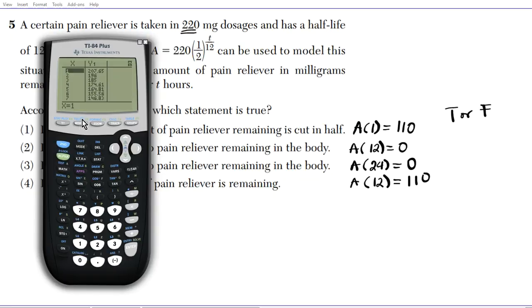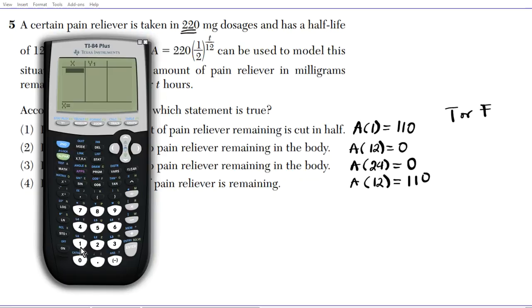Let's do that real quick. So I go to second function window. For the independent variable, instead of it being automatic, I'm going to ask it to ask me for what input values I want to input so that it can tell me the exact output value. Okay? Alright, so I want to do 1, 12, 24, and 12.